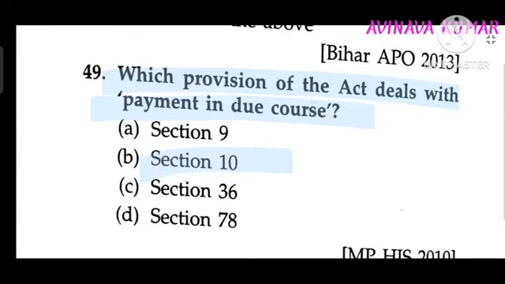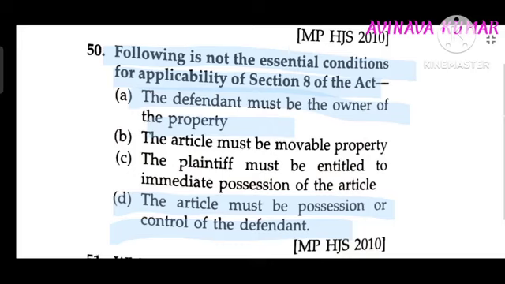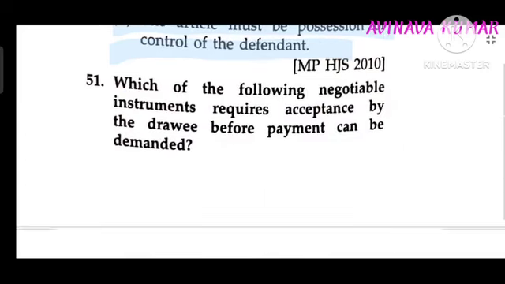Section 10. Which of the following is not an essential for applicability of Section 8 of the Act? The article must be in possession and control of the defendant. What is necessary? Defendant must be the owner of the property. Article must be movable. Plaintiff must be entitled to immediate possession of the article.